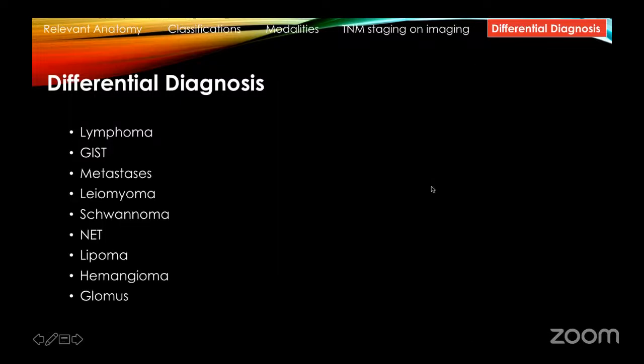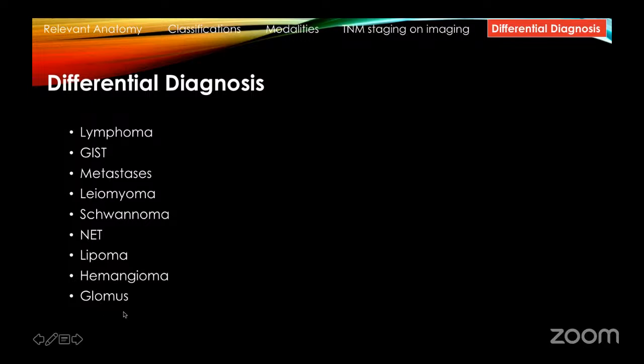The other differentials could be enhancing nodules right in the mural layer of the stomach, such as a metastasis from a known primary elsewhere, a leiomyoma, again an intramural centered lesion, schwannomas as well. There could be gastric NETs, which are intensely enhancing. Lipomas would show fat within, hemangiomas would be enhancing again within the wall, or glomus tumor.